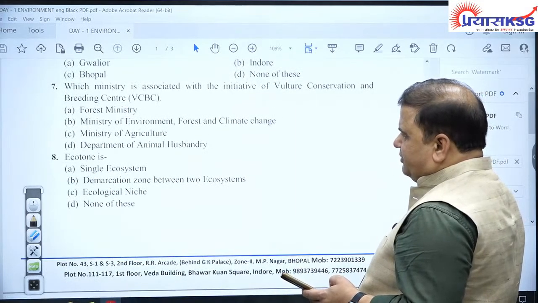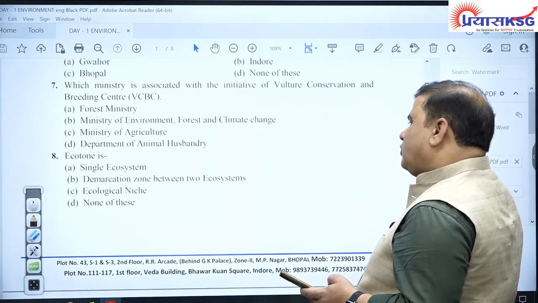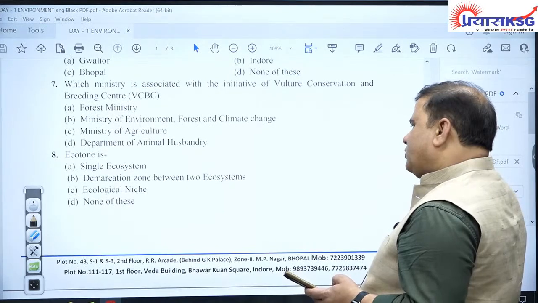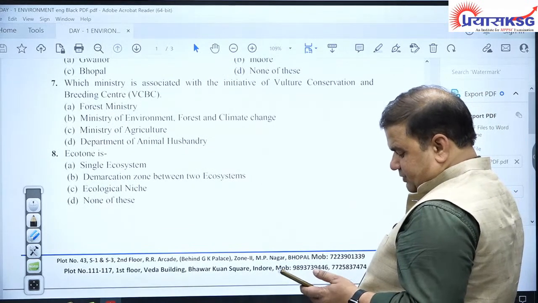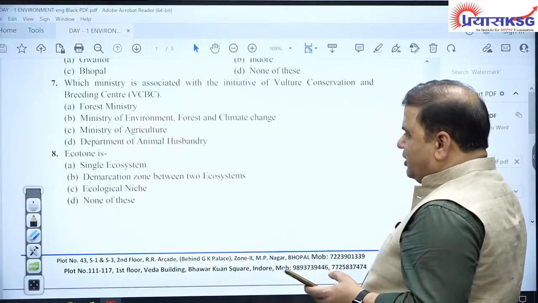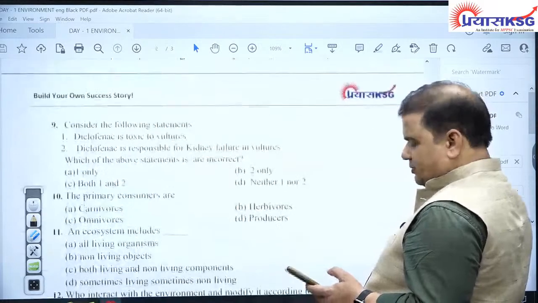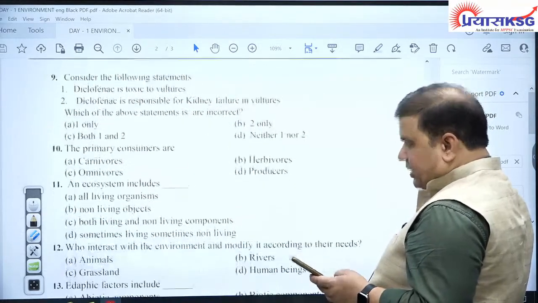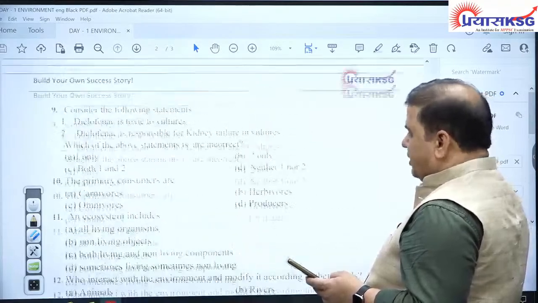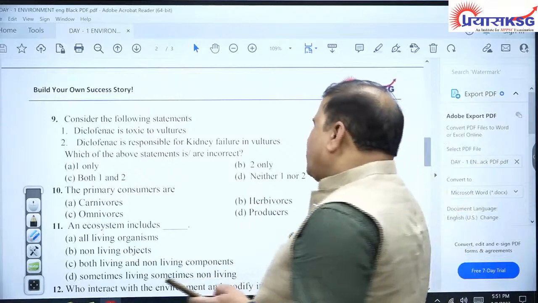Clear? B. Ecotone is single ecosystem, demarcation zone between two ecosystem, ecological niche, none of the above. So what is that? Now ecotone is nothing but the demarcation zone between two ecosystem. And consider the following statement. Diclofenac is toxic to vulture.